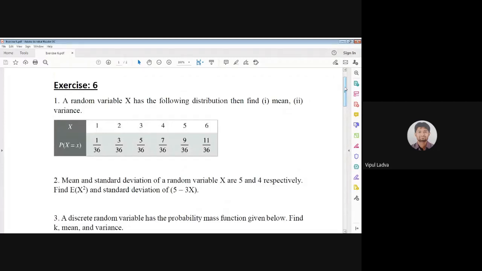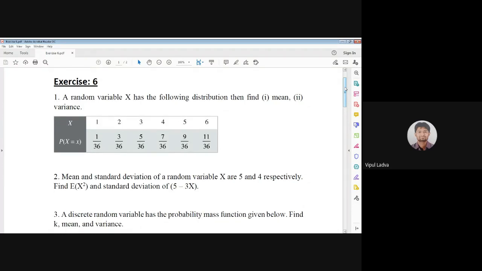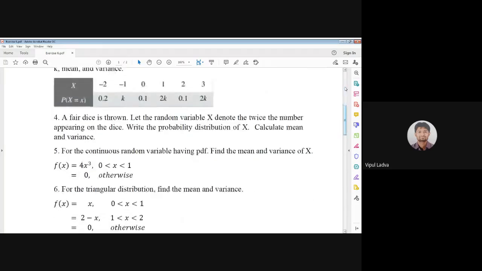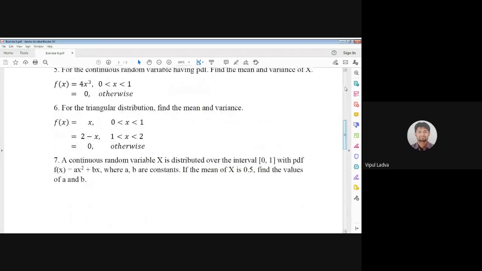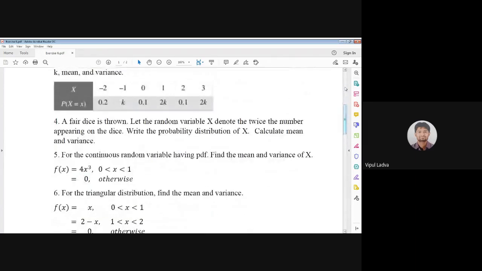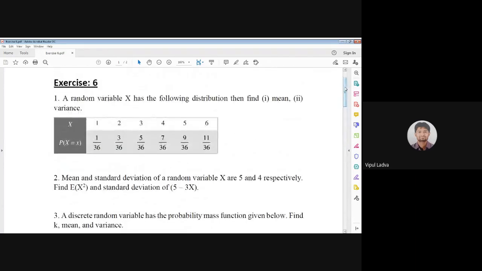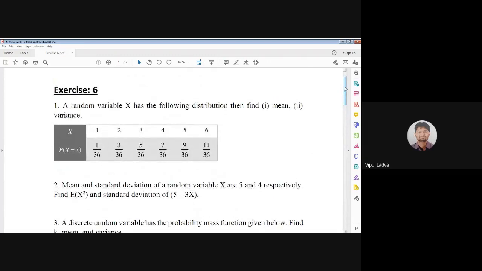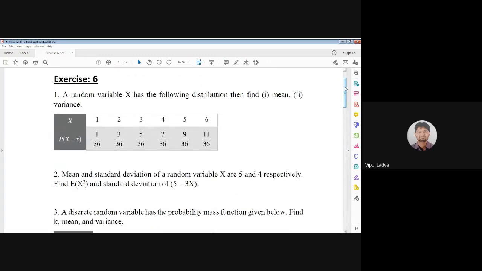Let me share the same exercise on the WhatsApp group also, so you may easily access these particular questions. And in this exercise 5-6 questions are there. We're not gonna discuss each and every one, but I'm just giving you 2 questions from this, and then we will discuss the solution.